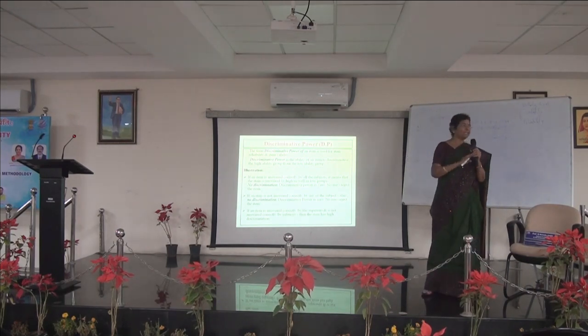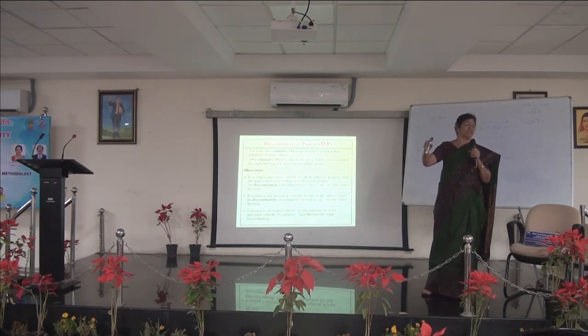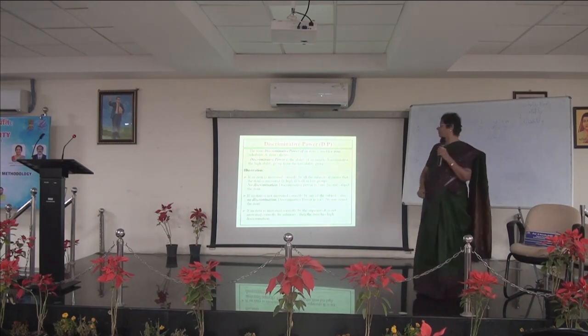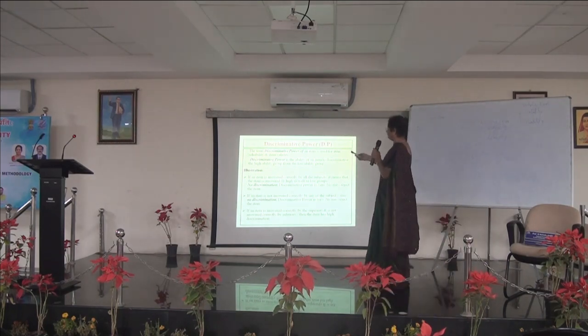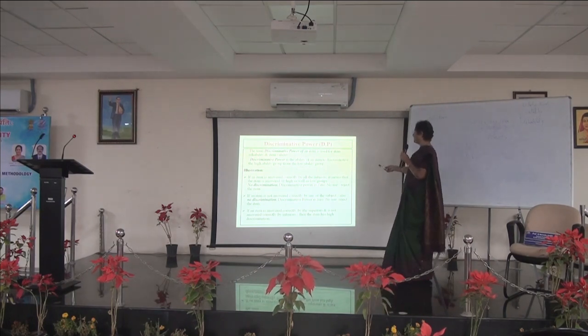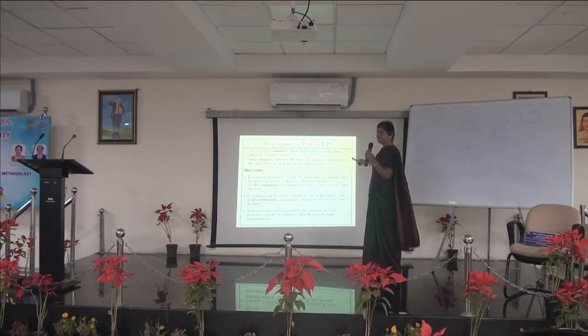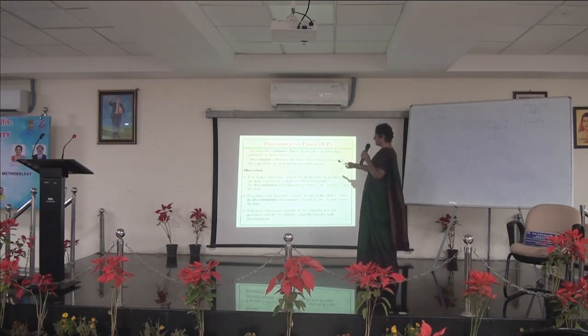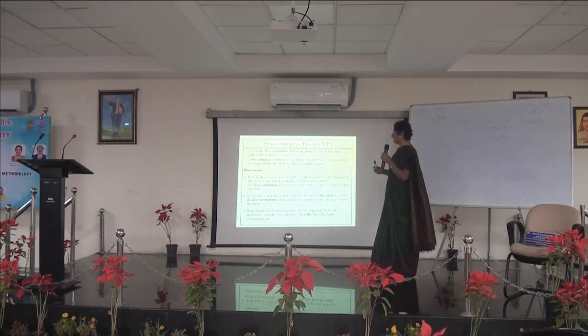It is the ability of the item to differentiate or discriminate the high ability group from the low ability group. Discriminative power is the ability of an item to discriminate the high ability group from the low ability group.